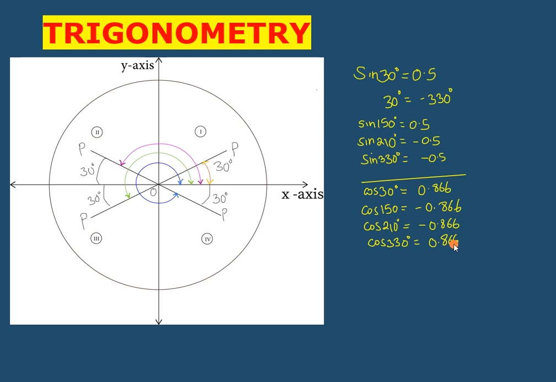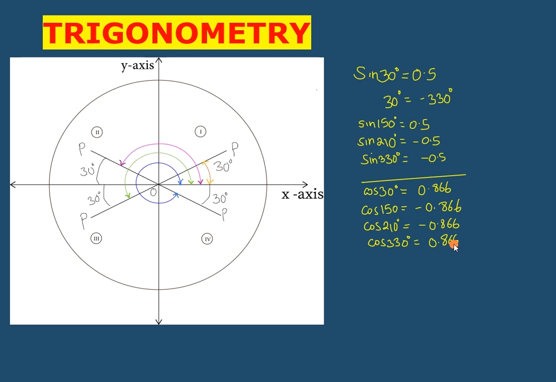The concept I want us to derive here is that all angles which bear the same inclination to the positive x-axis or negative x-axis have related trigonometric ratios. The magnitudes of the trigonometric ratios of those angles are the same. Their signs are determined by the quadrant where the angle is found.